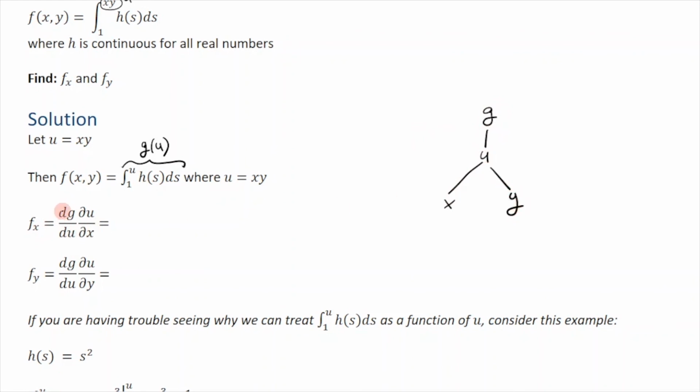So then we get dg du, then partial u partial x. And then for fy, we have dg du times partial u partial y.